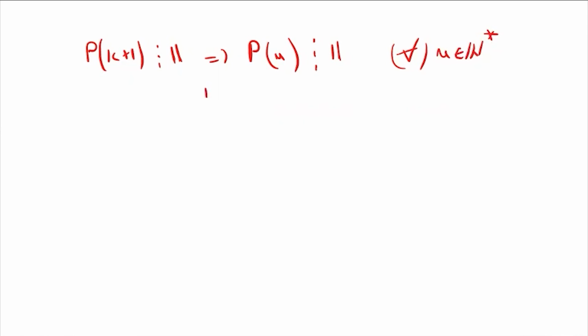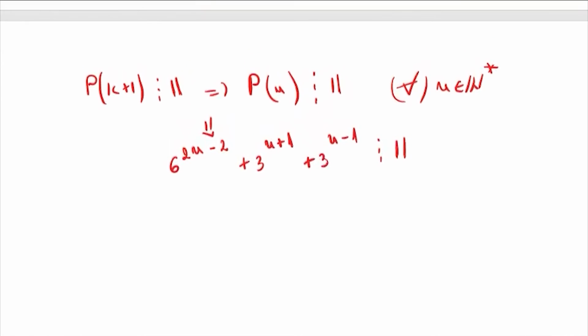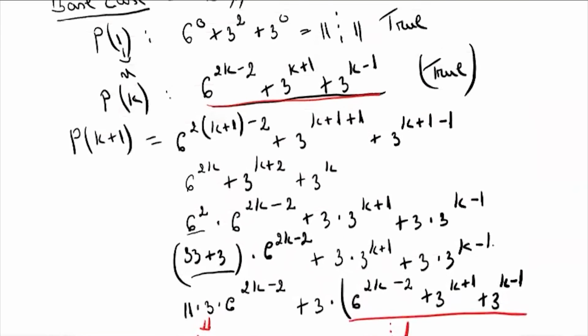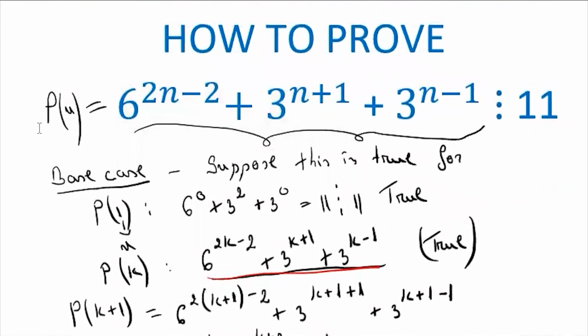So results that 6 to the power of 2n minus 2 plus 3 to the power of n plus 1 plus 3 to the power of n minus 1 divisible with 11. So we come back to our initial number P of n, which is true in this case.